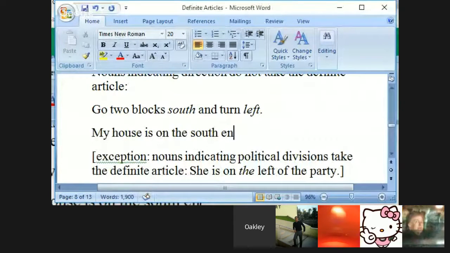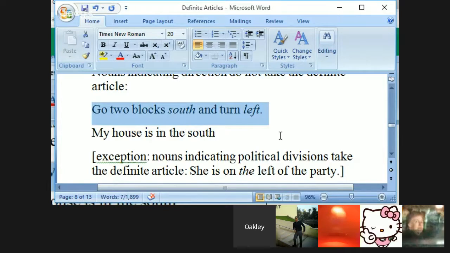My house is in the south. Now here I'm using it in a prepositional phrase. South is a noun here, but I'm using "the" because it's part of a prepositional phrase. Notice in the first example, they're not part of a prepositional phrase.